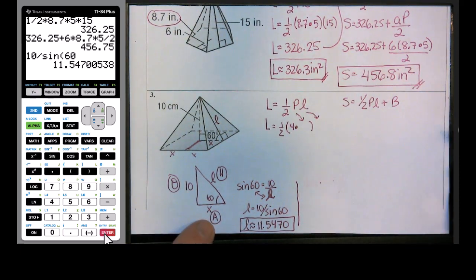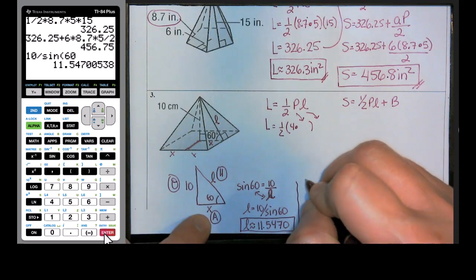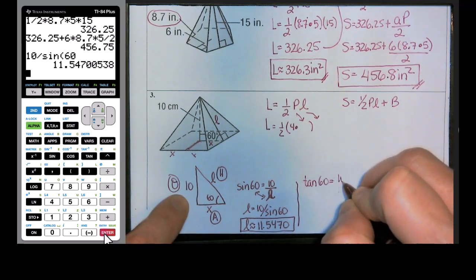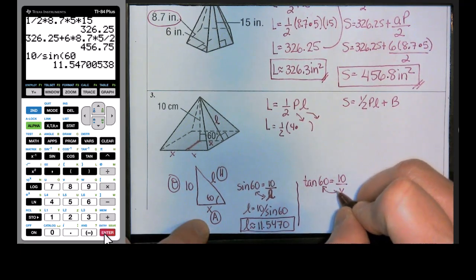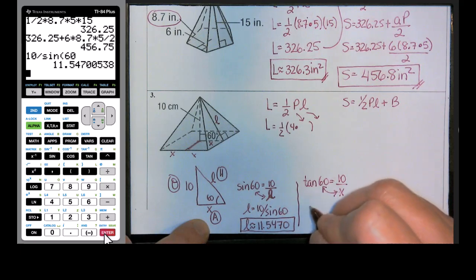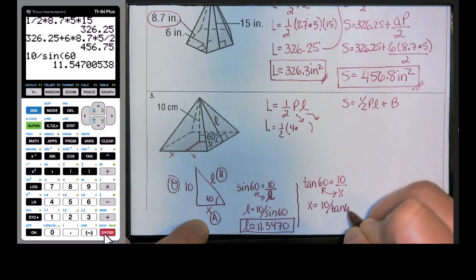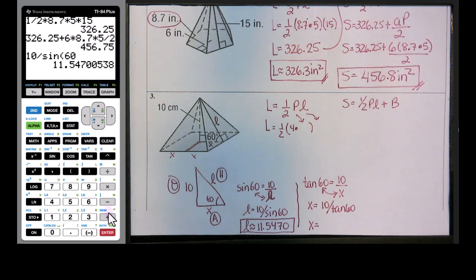So that means I already have this slant height here. Now we're going to find X. We're going to use O and A, so it should be tangent of 60 equals the opposite side 10 over X. We switch the X with the tangent of 60, so X equals 10 over tangent of 60. Let's punch it in the calculator: 10 divided by tangent of 60.